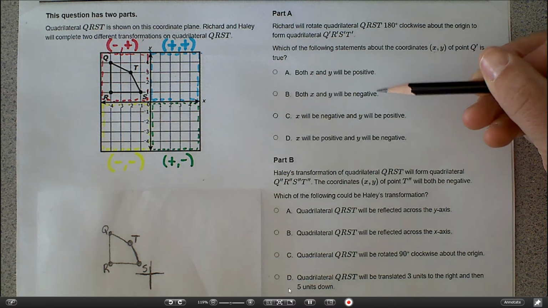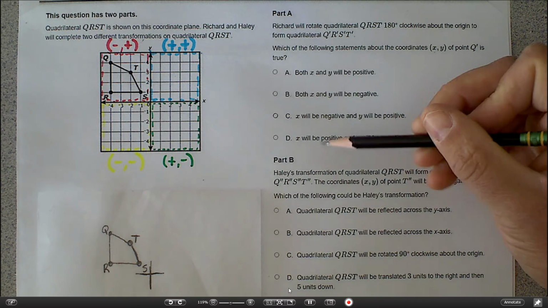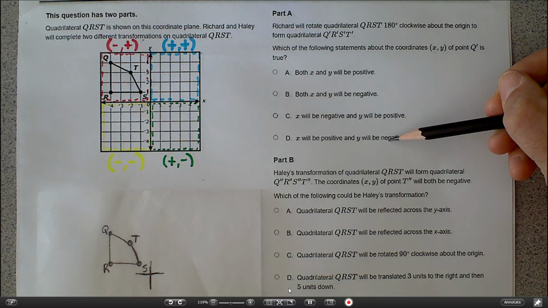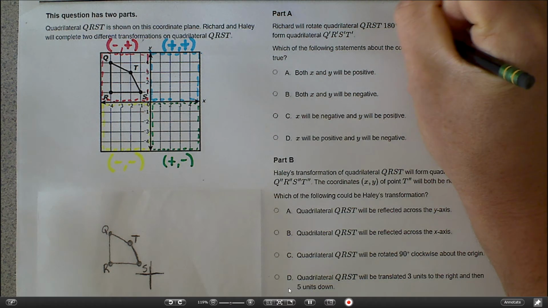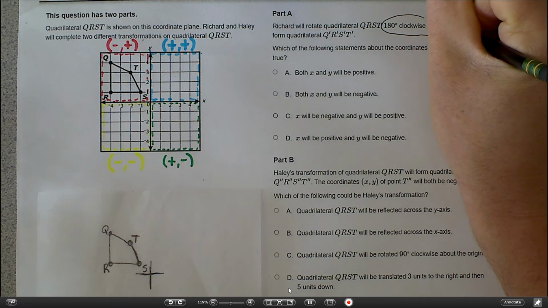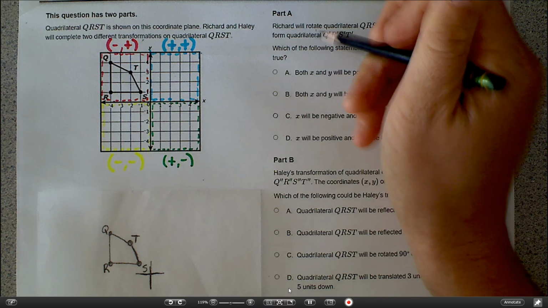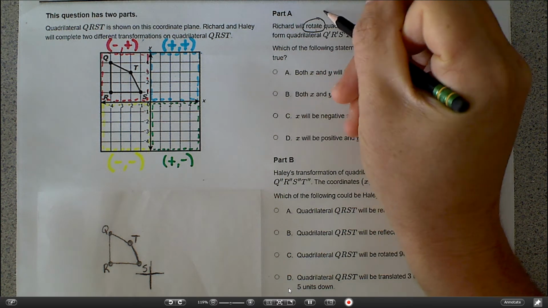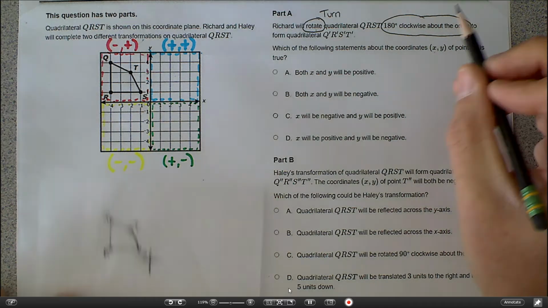Will they both be positive? Will they both be negative? Will X be negative and Y be positive? Or will X be positive and Y be negative? So the way I'm going to do that is I'm going to use my tracing paper here, and I'm going to perform this transformation. I'm going to rotate or turn this figure 180 degrees clockwise.